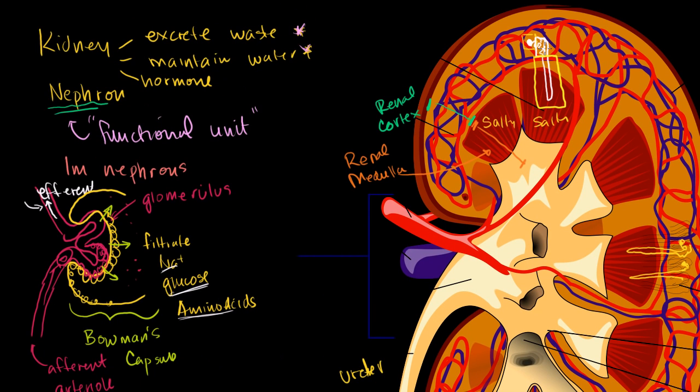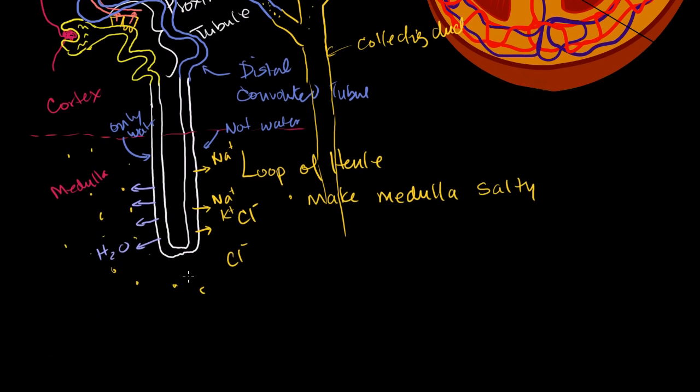So the collecting duct's coming back into the medulla, collecting all of the filtrate from the different nephrons. And because it goes back through that super salty spot in the medulla, we actually have a hormone called antidiuretic hormone that can dictate how porous this collecting tube is.